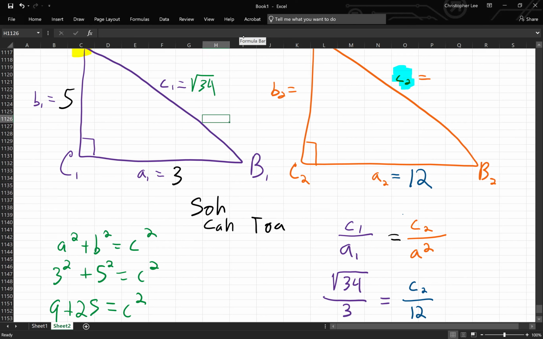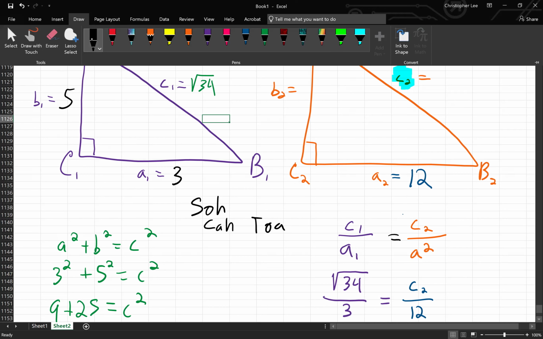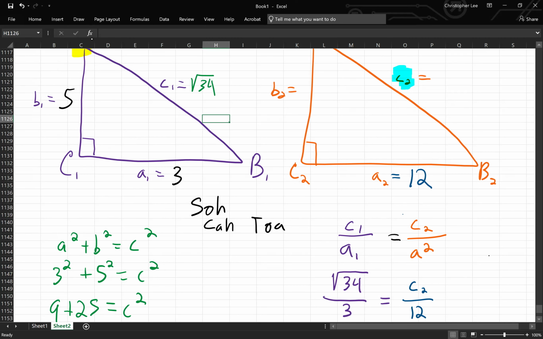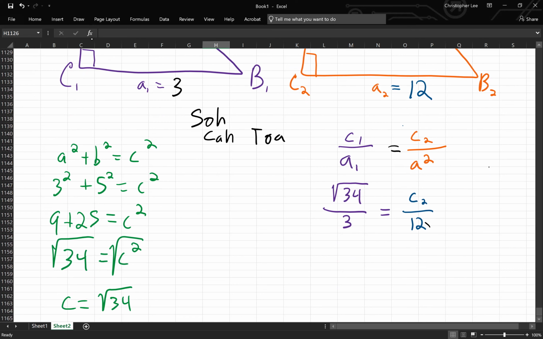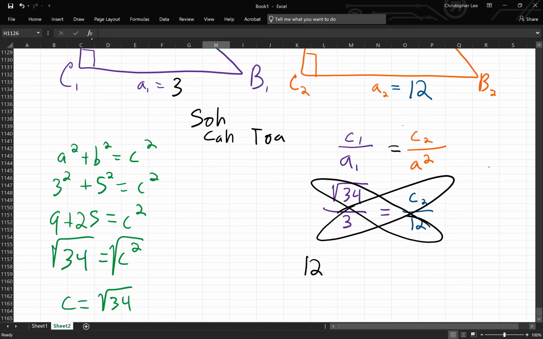After we have that, light work. Cross multiply. So 12 times square root 34 is equal to 3 times C2.